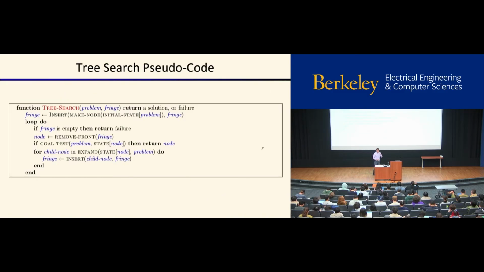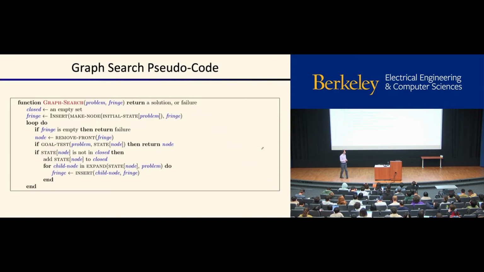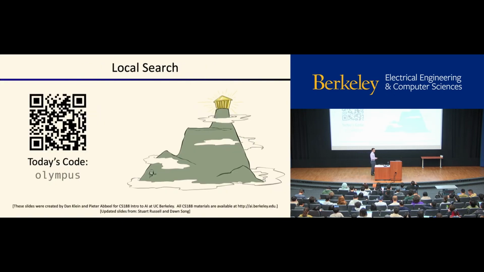Okay, I'll just put the tree search pseudocode up here, and then I'll flip quickly through to the graph search pseudocode. So if you wanted to see the pseudocode, now you've seen the pseudocode. It's in the slides. You can fetch it there later. Let's scan this code. Today's code word is Olympus, because what we're going to be talking about next is called local search, sometimes called hill climbing. And Olympus was, or still is, the tallest mountain in Greece.